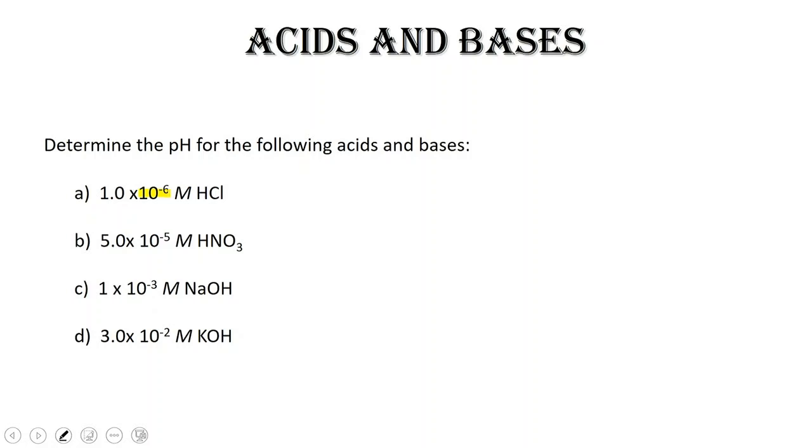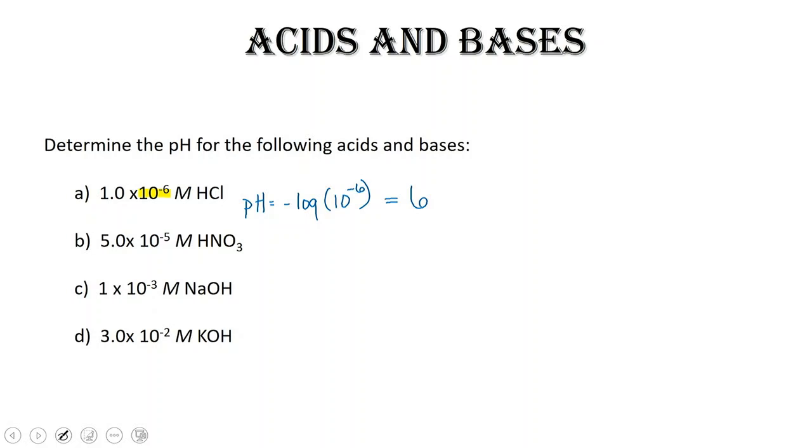Well, if we put that information in the calculator, the pH is equal to the negative log of 10 to the minus 6. Essentially, the negative log just brings the exponents down, and we get the pH is 6.